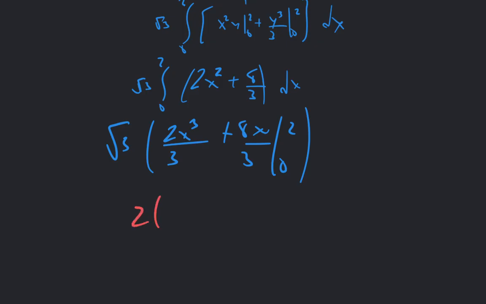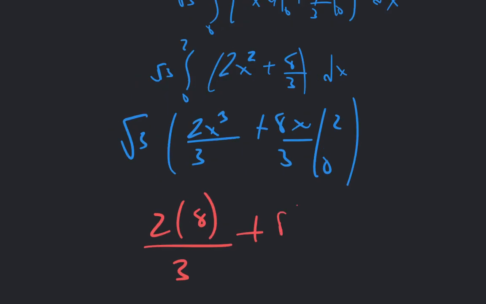So 2 times 2 cubed, which would be 16, divided by 3 plus 8 times 2 over 3, all times the square root of 3.